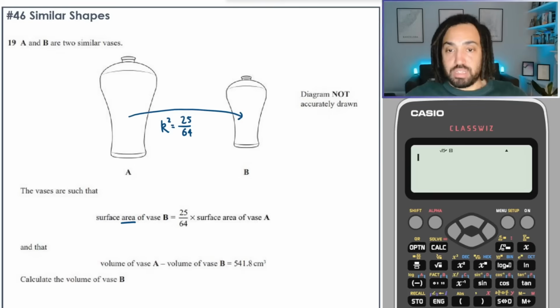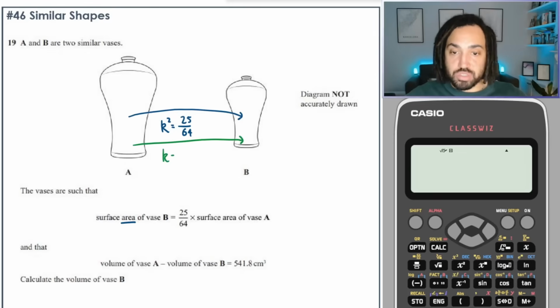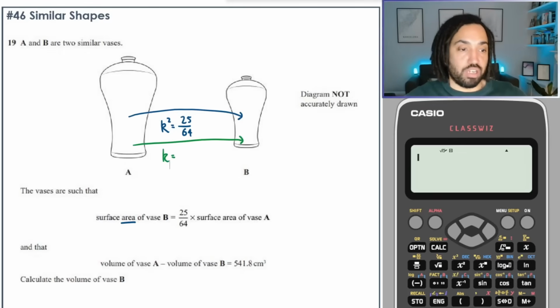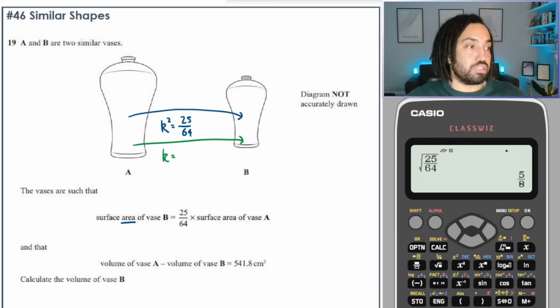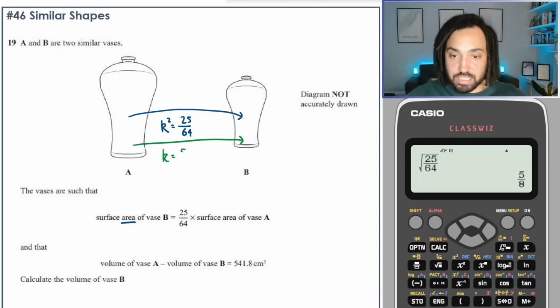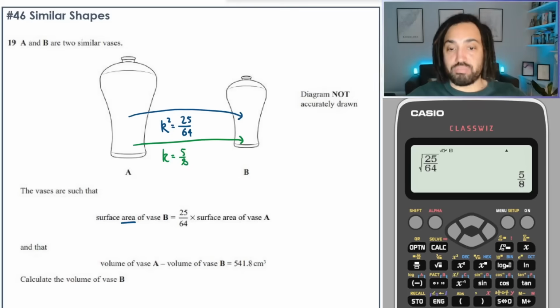Okay. Now, that means that if I wanted to find the linear scale factor, I would just need to square root 25 over 64. So I can do that, and I would get 5 over 8, because both of these are nice square numbers. So that's the linear scale factor.